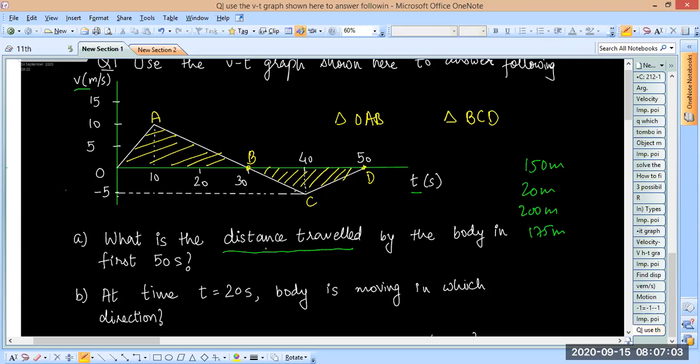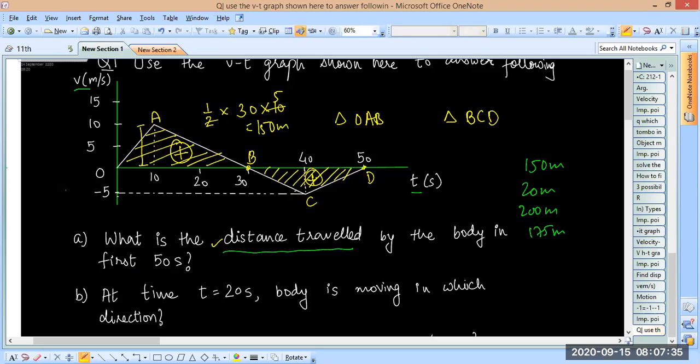Because we are finding distance traveled, both have to be considered positive only. That is, you just have to add them. So this first triangle has area half into base into altitude, right? The height is 10, that you can see here, this is 10. So this is going to be 150.